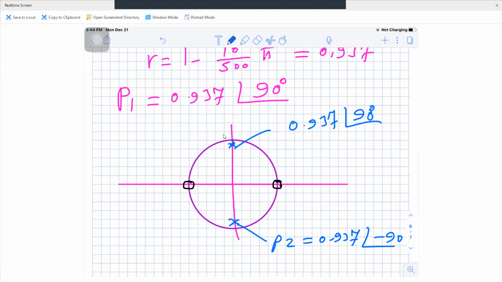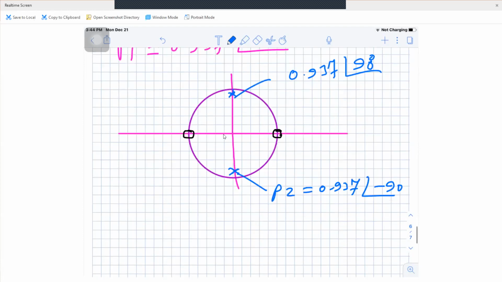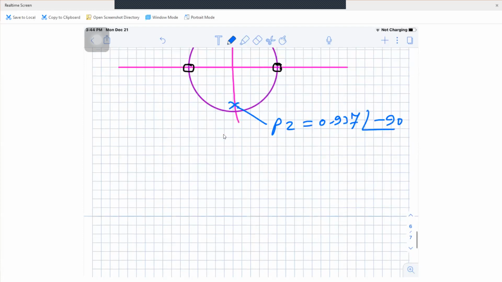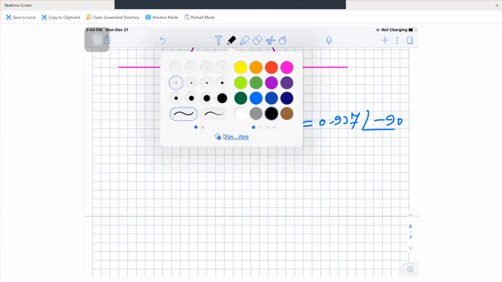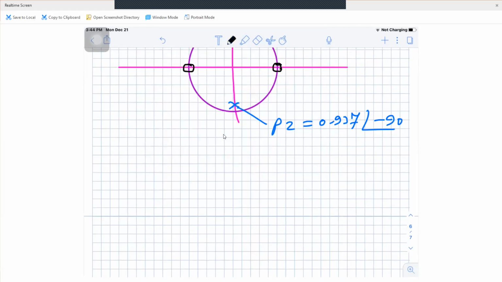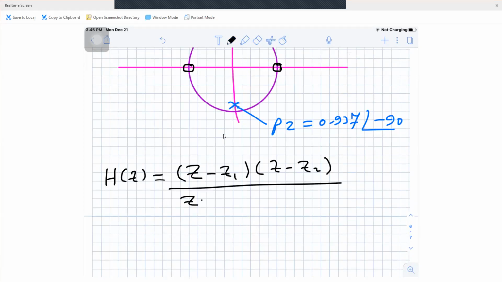Well, now we have determined the values of Z1, Z2, P1 and P2. Now we can easily write down H of z. Now look please, H of z will be z minus z1 multiplied by z minus z2, divided by z minus p1 multiplied by z minus p2.